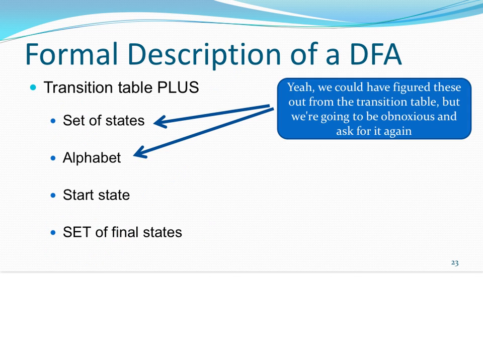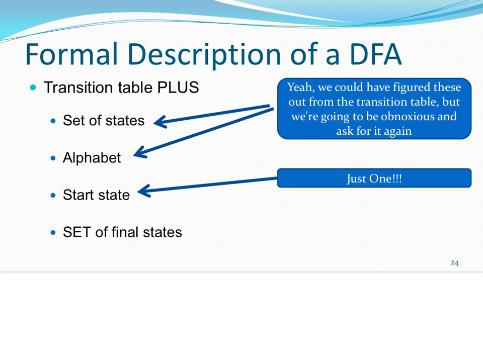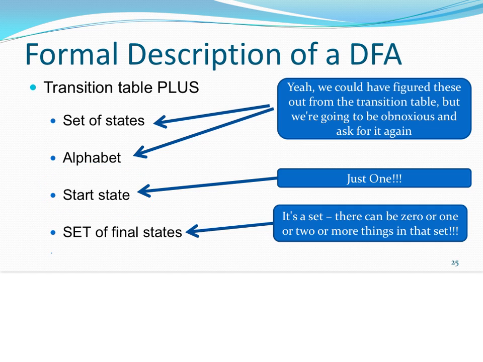Just to be clear, we could have figured these two out, but we're going to ask for it again. And just to remind you, exactly one start state. And like I said, 0 or 1 or 2 or 50, our maximum is just however many different states we have, final states.